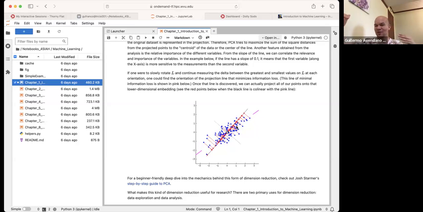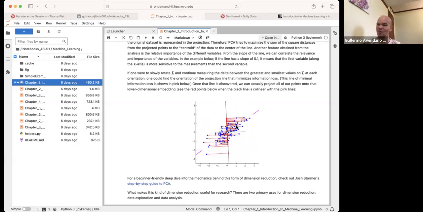And I could eventually describe that with just 1 dimension instead of 2. This is kind of silly, but it's very nice for representation. But you can see that if you have 10 dimensions and you can reduce that to 5 dimensions, it's much better to work with 5 dimensions than working with 10 columns of data.